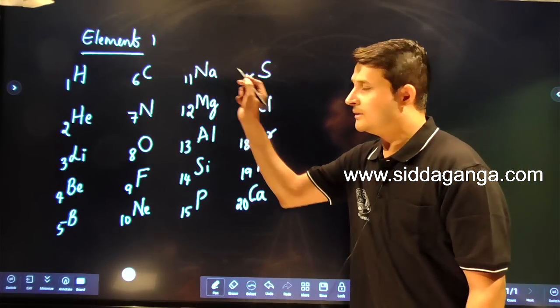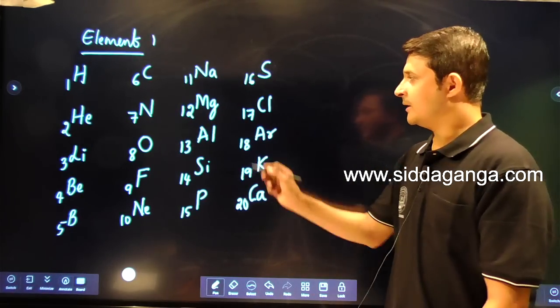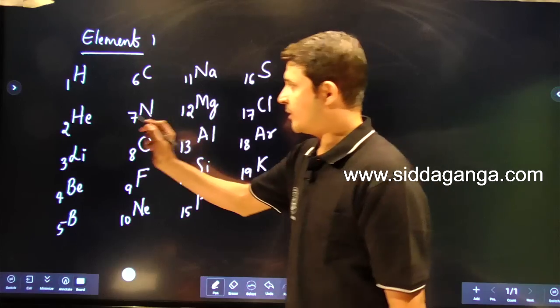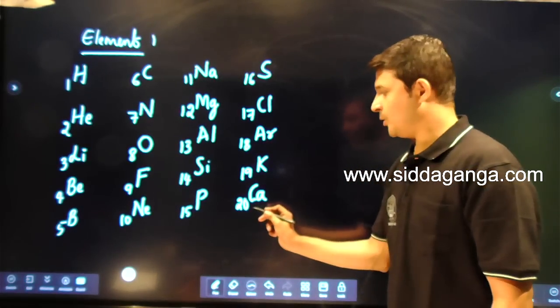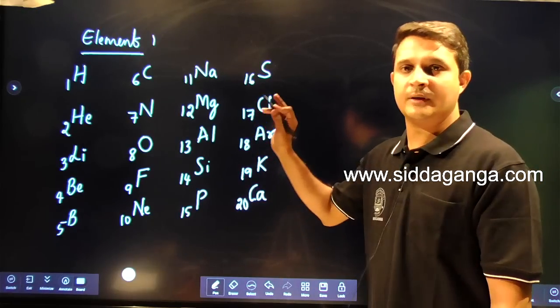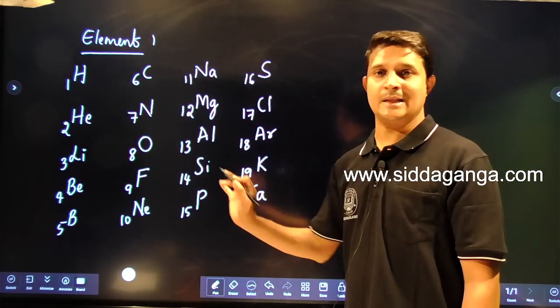So these are the symbols of the elements from atomic number 1 to atomic number 20. I have written the symbols for 20 elements.